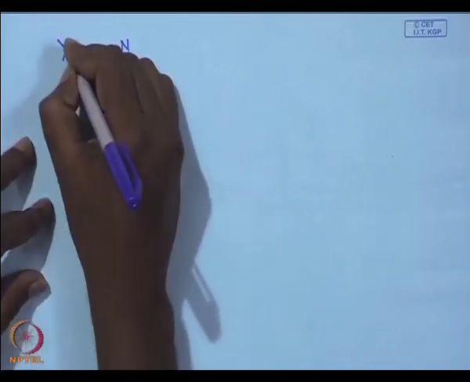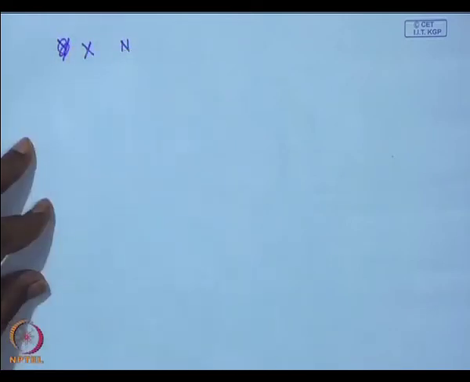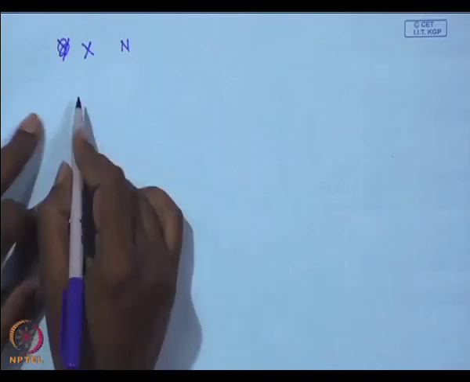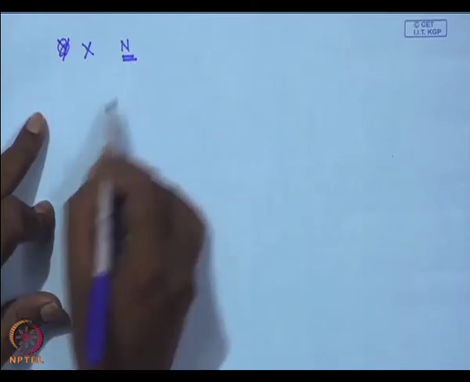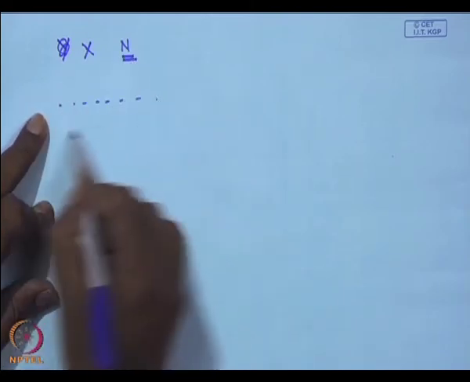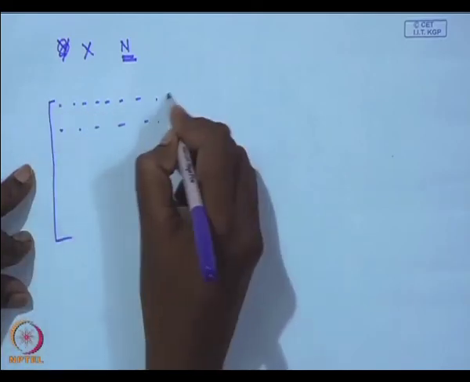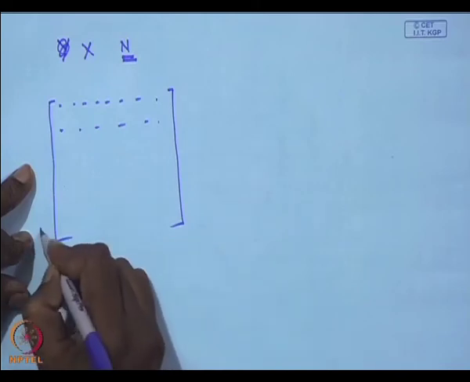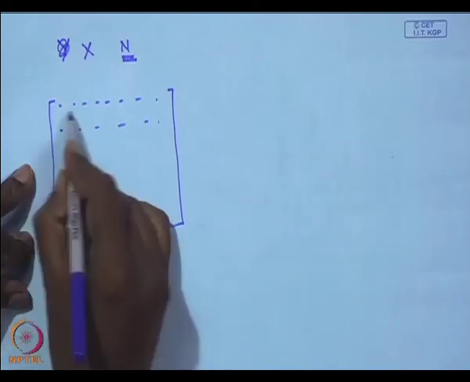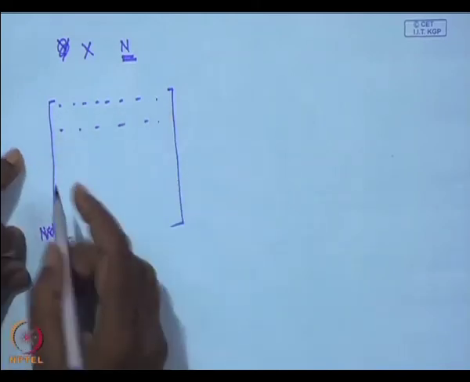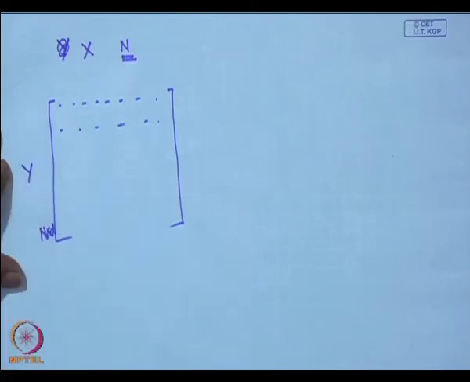Okay. So, let me say this feature vector is x. Every feature vector when I put in the form of a row, I have a matrix of say n by d, if d is the dimensionality of the feature vectors, and we call this matrix Y.